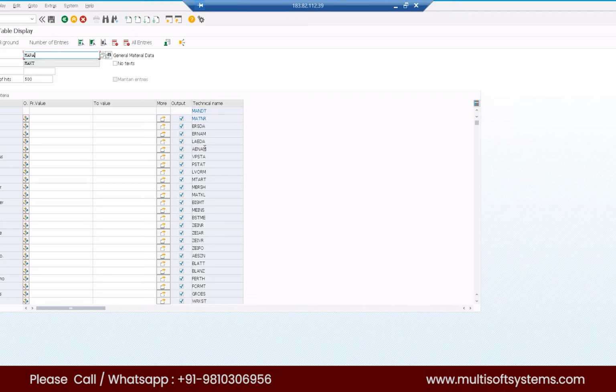Two important things that we have to note in every table in IS Retail is that every single object you're working upon always comes with a validity period. When we say we are creating a store, we say when the store is going to open and when the store is going to close.